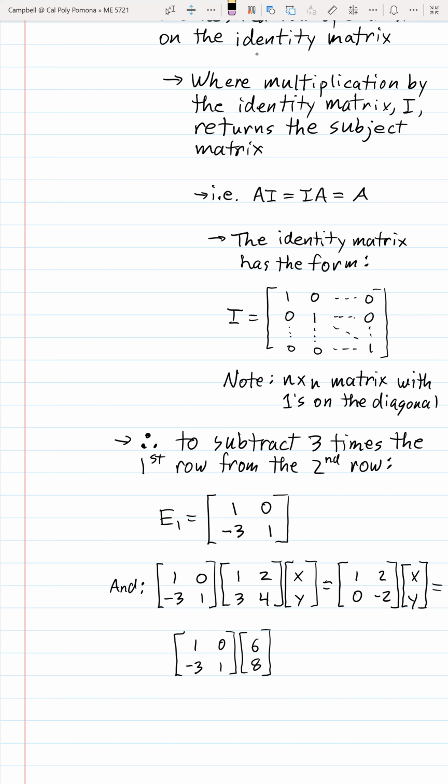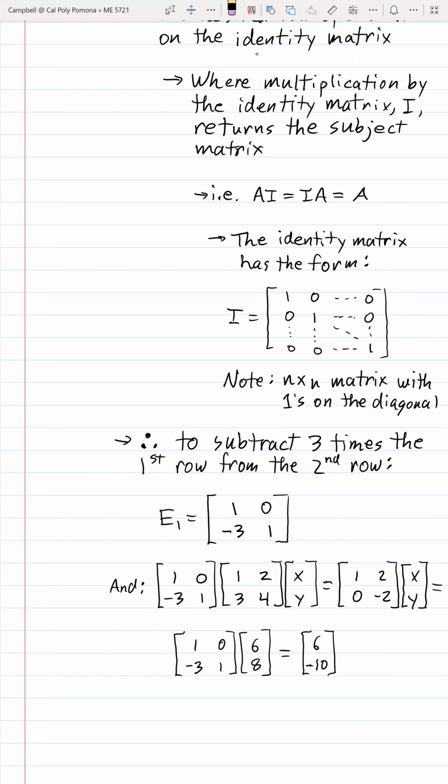And so when I do that, what do I get? 1 times 6 is 6, plus 0 times 8, so that is unchanged. Then I get a -3 times 6 is -18, plus a 1 times 8, that gives me that -10 again. There we go. And so that just comes right on through there.